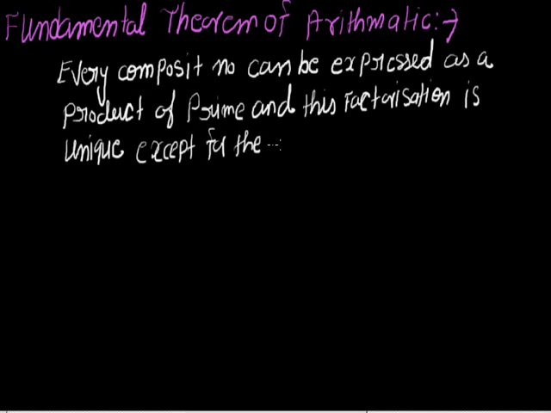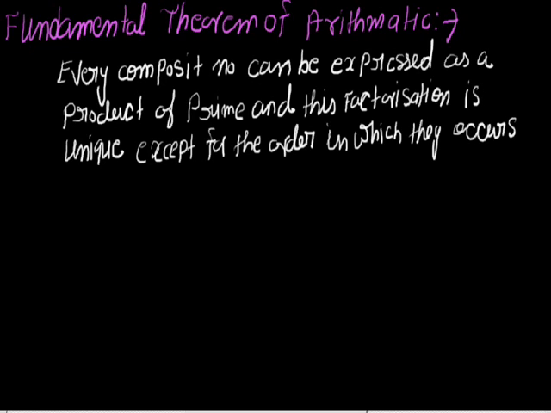Except for the order in which they occur means every composite number can be expressed into its prime factors, and this factorization is unique except for the order in which they occur.